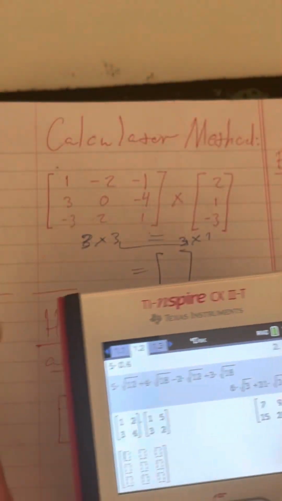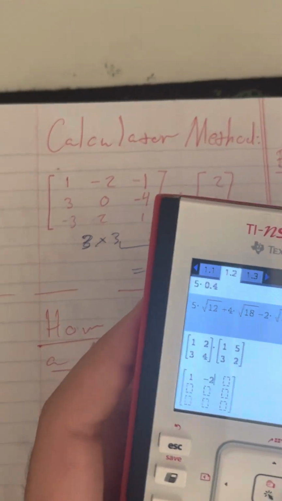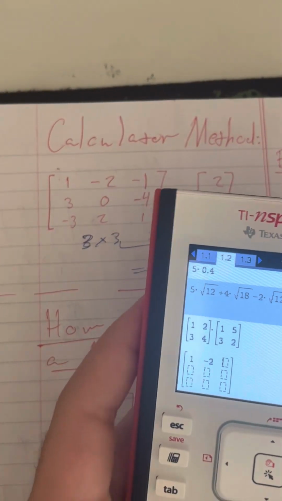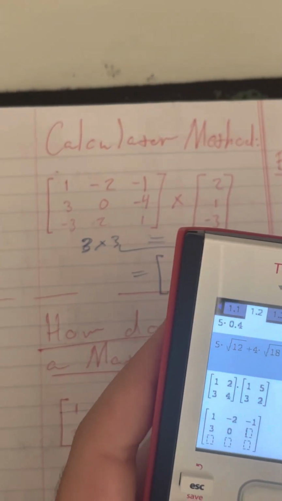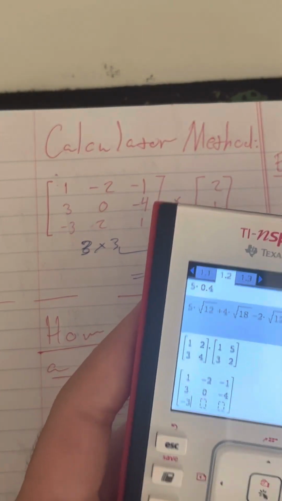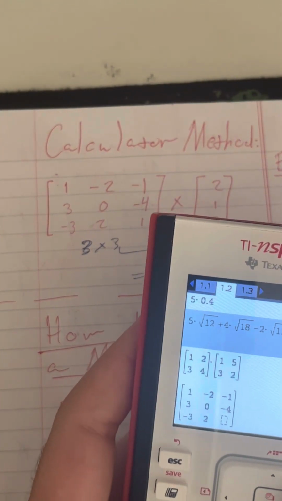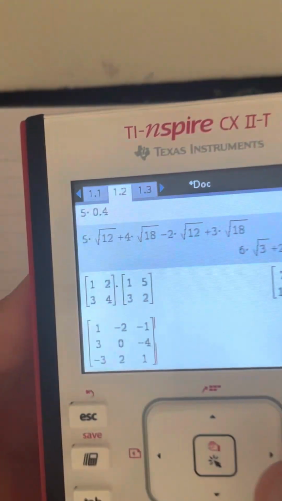Now I have to add every single element. So 1, -1, -1, 3, 0, -4, -3, 2, and 1. Now here I've written the first matrix.